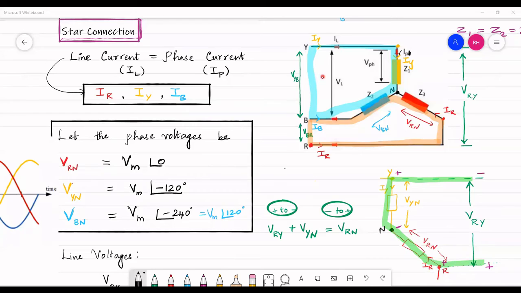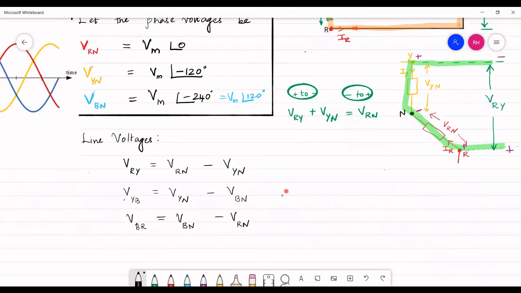Similarly, considering this as one loop and considering this orange highlighted portion as the other loop, we write the line voltages for VYB and VBR. After we write the line voltages, let us substitute the value of phase voltages. The phase voltages have a magnitude and an angle, so let's substitute both.